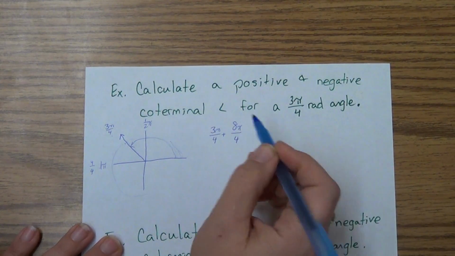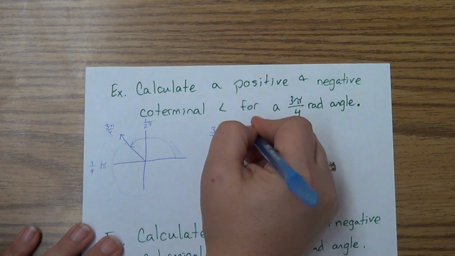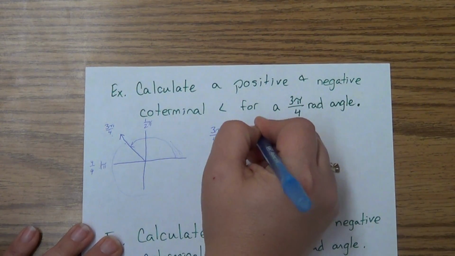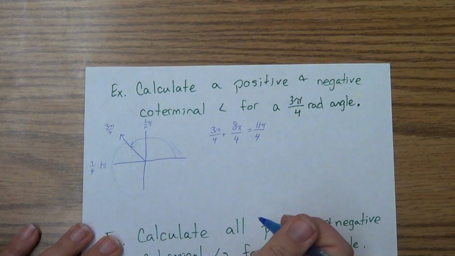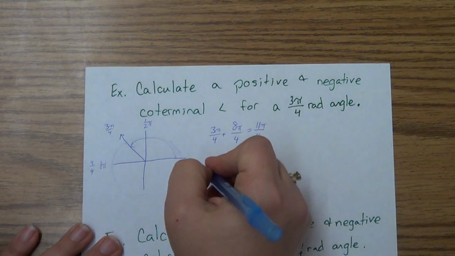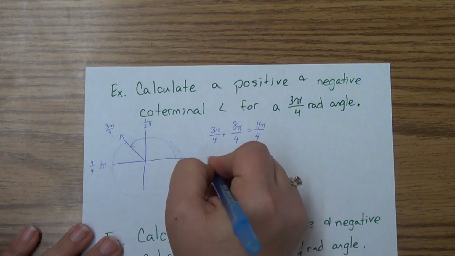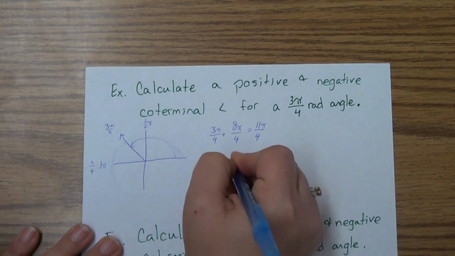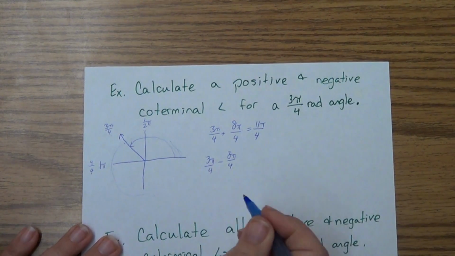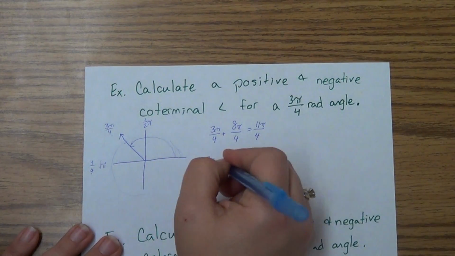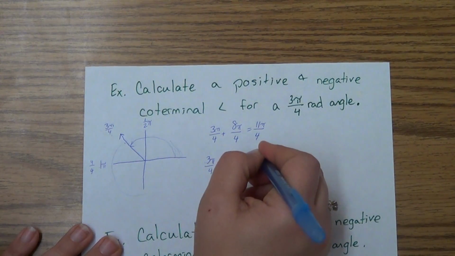So 3 pi over 4 plus 8 pi over 4 is 11 pi over 4. Then when we want to find the negative one, we just subtract the 8 pi over 4, the 2 pi. So 3 minus 8, negative 5 pi over 4.